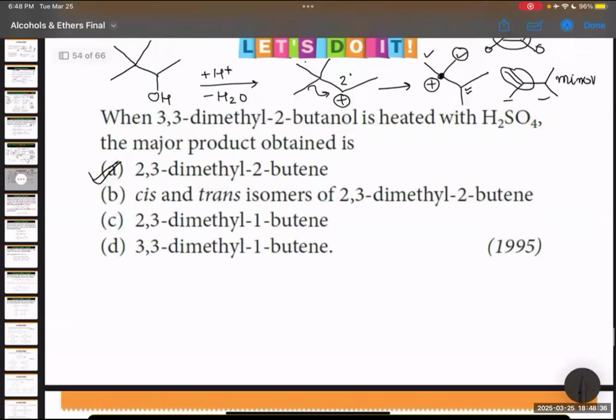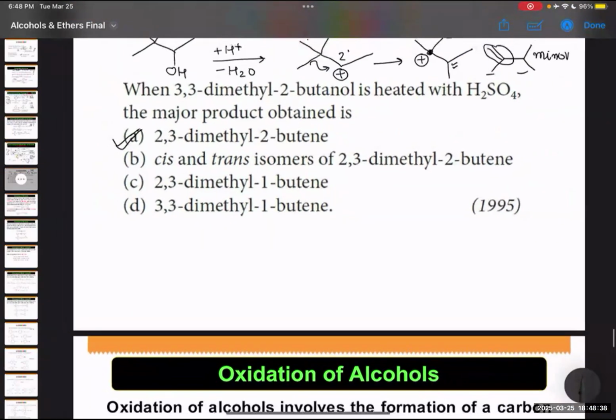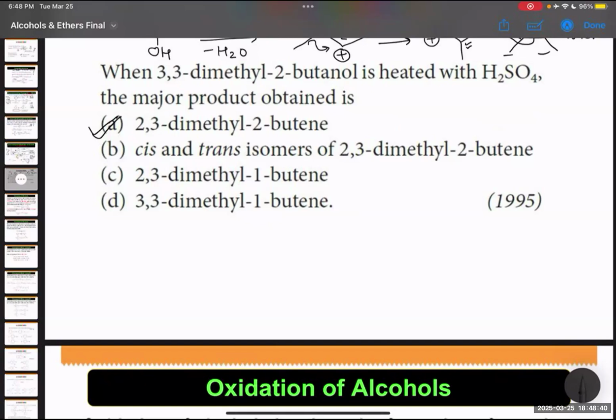And one more question I will do. Suppose I ask you to compare which alcohol can get dehydrated with concentrated H2SO4 most easily. What is the ease of dehydration? Are you getting my point?